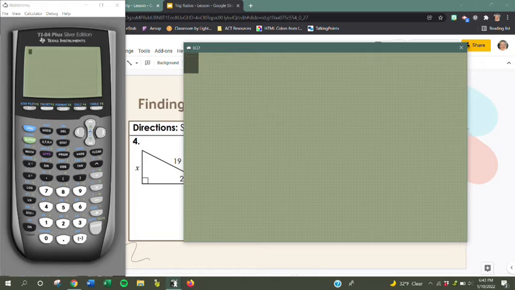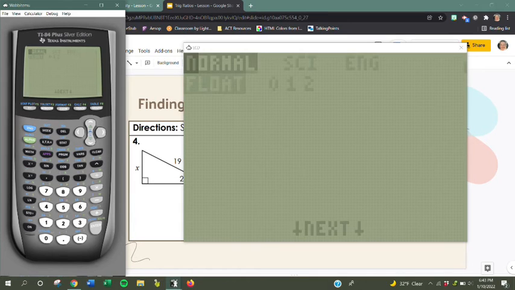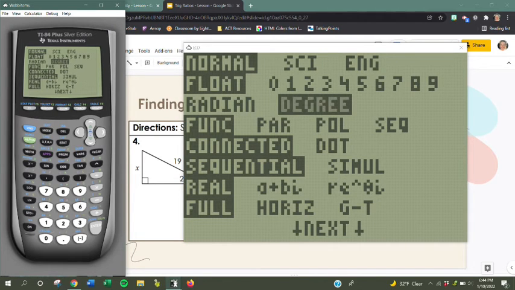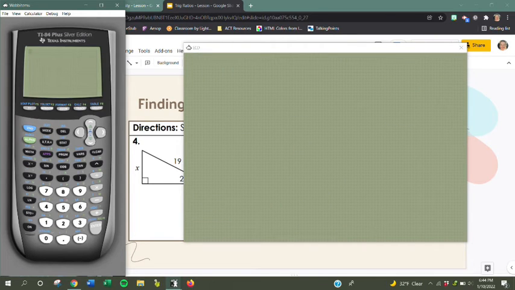So before we type it in our calculator, we always need to check the mode of our calculator. If you go to mode, which is the button beside the second button, and go down to the third row, you should go over and select degree instead of radian. You should check this every time because sometimes we'll use radians and sometimes we'll use degrees, and you always should make sure it's in the right category.